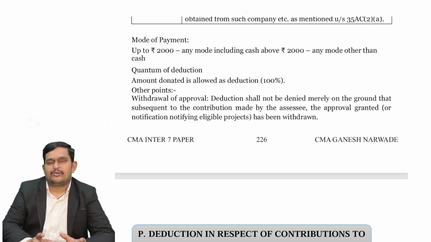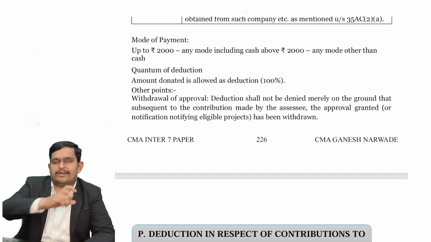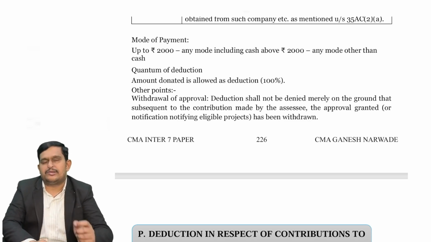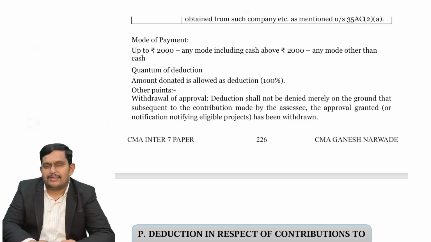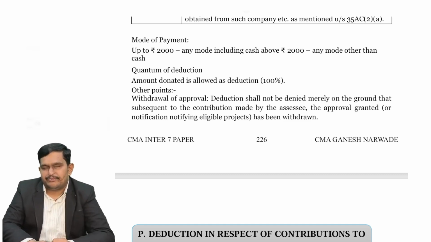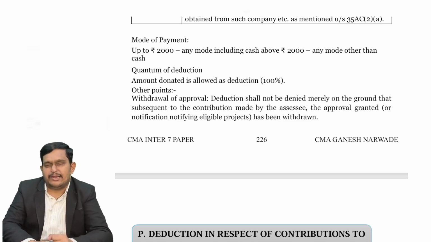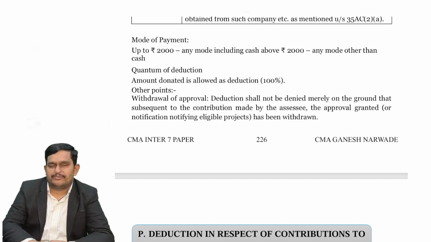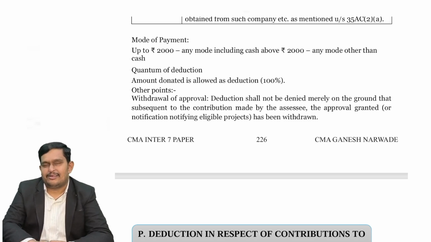Now, you contributed to some institution or association, but later on the government withdrew its approval, maybe because they are not using their money properly. There are many such cases. If the government withdraws their approval, your deduction will not be withdrawn.